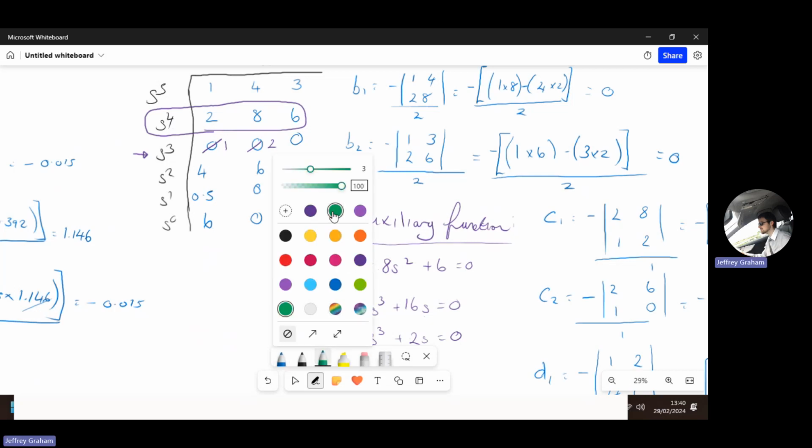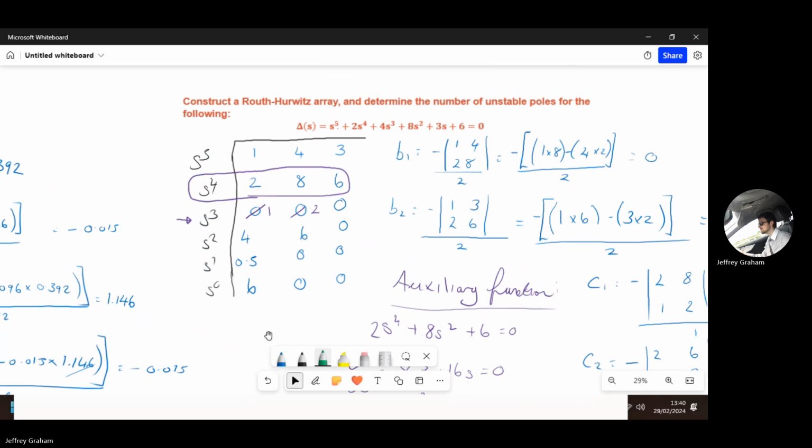Right. Same as before, we'll have a look at the sign changes. 1 is positive, 2 is positive. Our auxiliary function reduced to 1, which is positive. 4, half, and 6 are all positive. So if you look down this list, there are no sign changes.